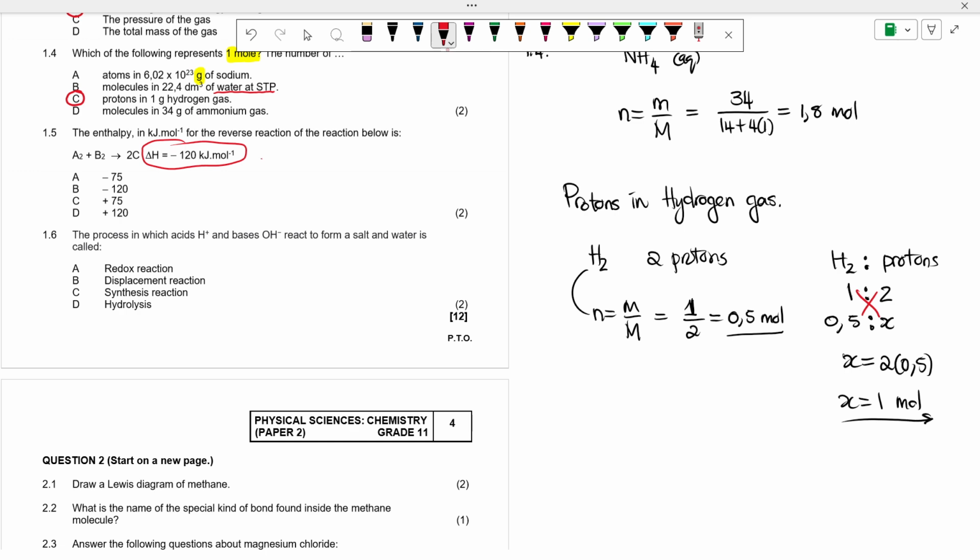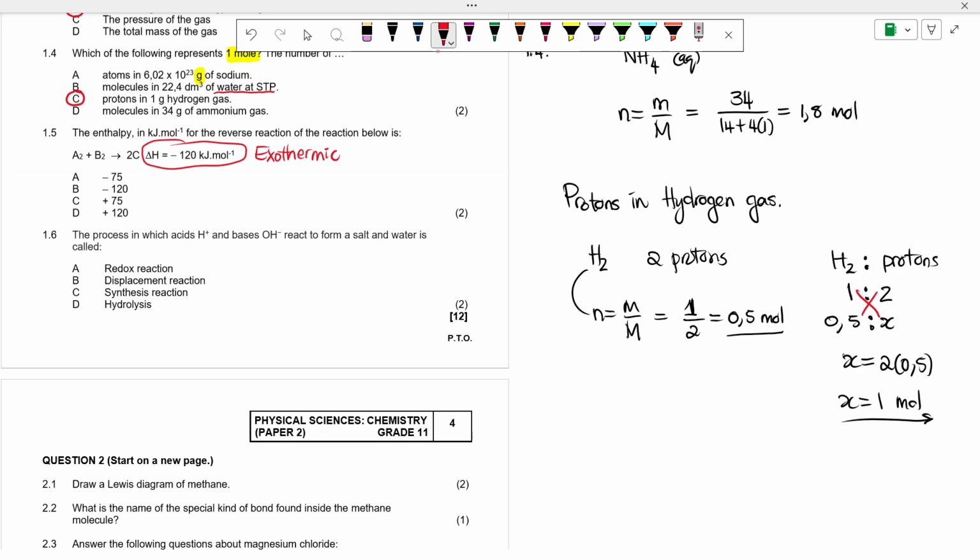All right, so the forward is negative 120. By the way, does negative 120 represent endothermic or exothermic? Exothermic. So this means we are releasing 120 kilojoules per mole of energy in the forward reaction.